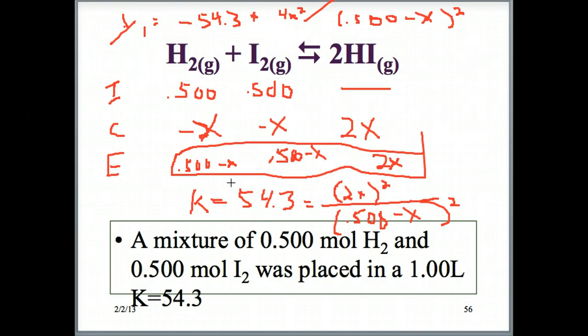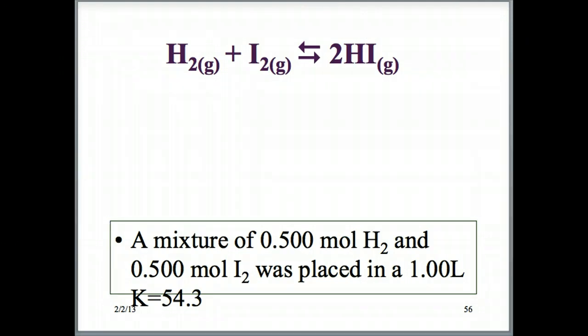So again, I solved the K expression for 0, which meant that I had to throw the 54.3 on one side. It's easier for me to show you how to pull this off in class, but I can easily solve this now and get a precise answer for X. Okay, when I get my precise answer for X, I can go ahead and solve my equilibrium concentrations.